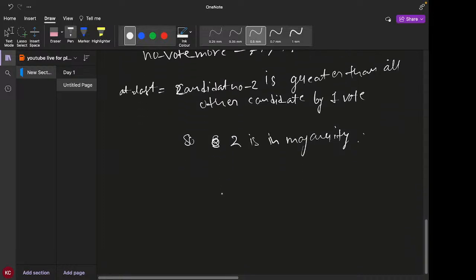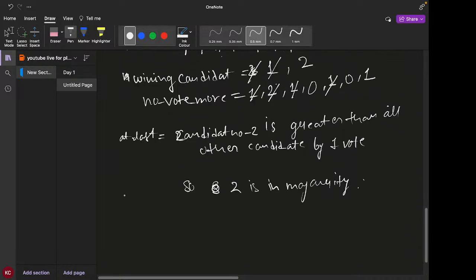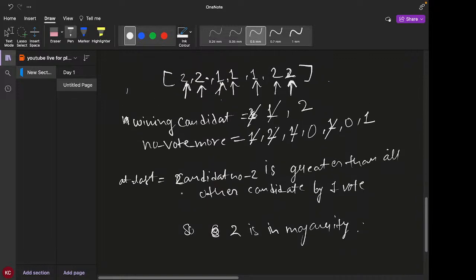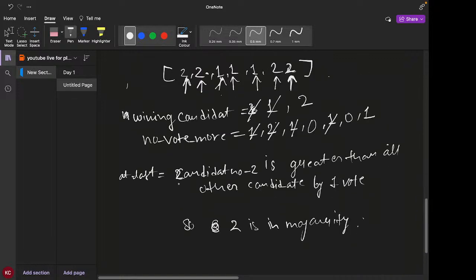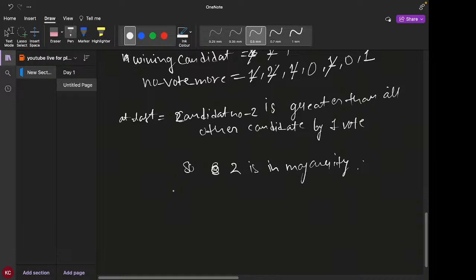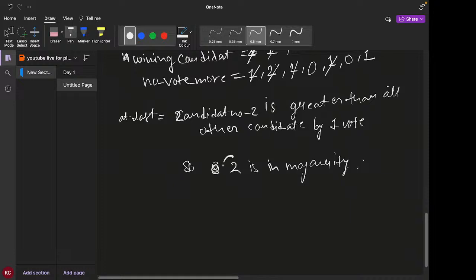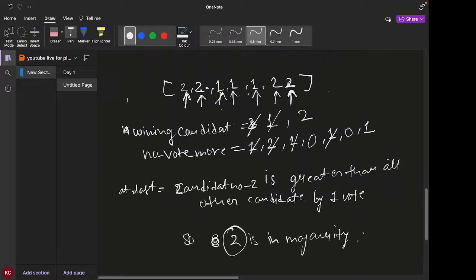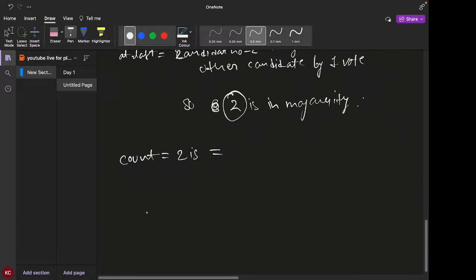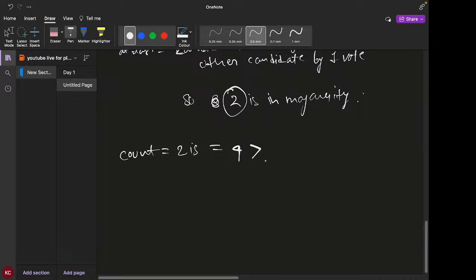Now we have to check, is 2 actually in majority? Let's check the count of 2. The count of 2 is 1, 2, 3, 4, that is 4, and that is greater than 7 divided by 2.